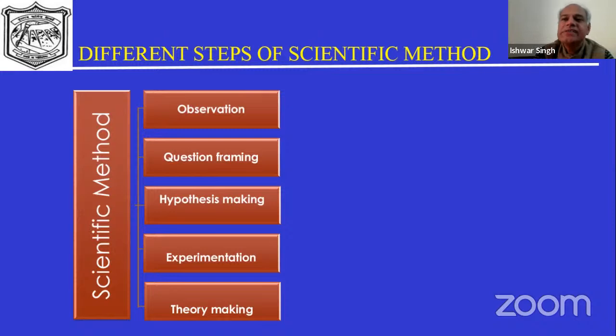But in actual science this is not the first step. The first step is always the step of observation. So whenever you are dealing with any scientific problem, if you want to study systematically, then the basic and the most important step of any scientific research, any scientific investigation, any scientific inquiry is this observation.